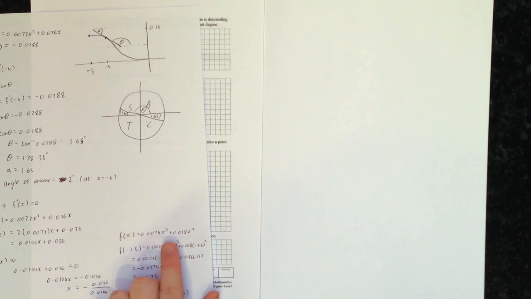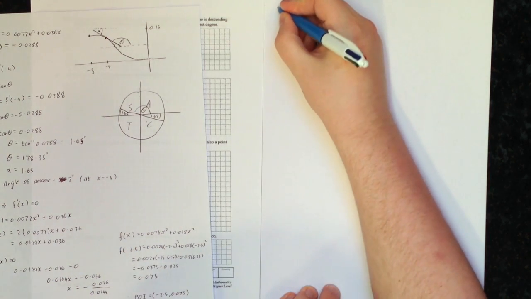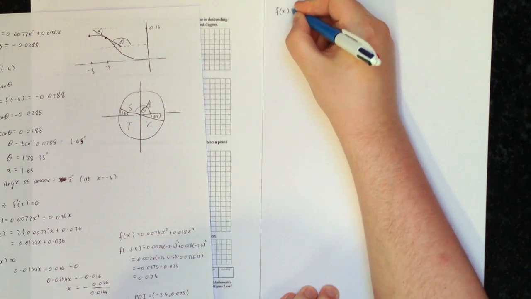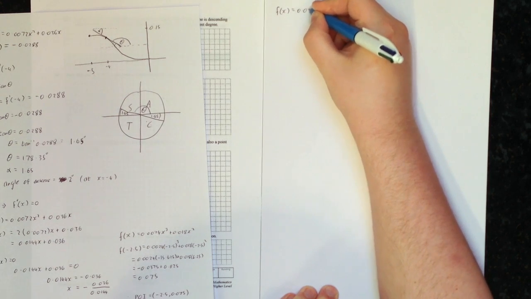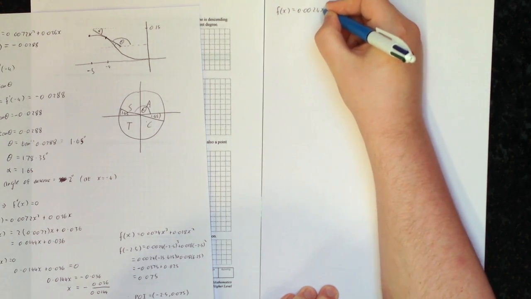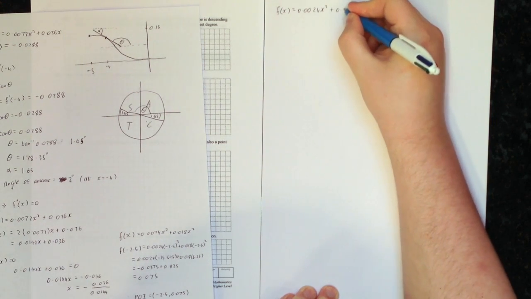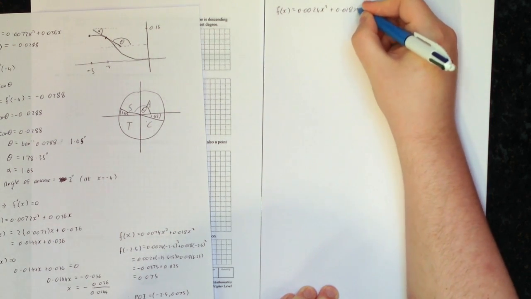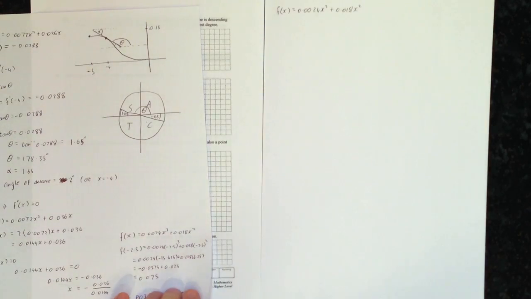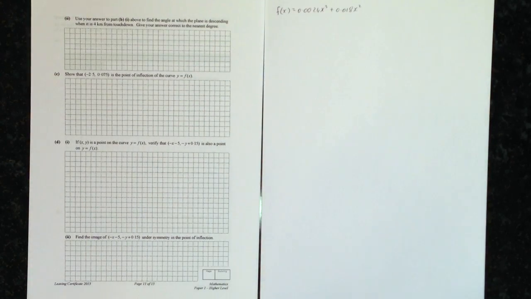So firstly, we need to know what function we're working with. So the function from the previous part is f of x is equal to 0.0024x cubed plus 0.018x squared. So there's our function.